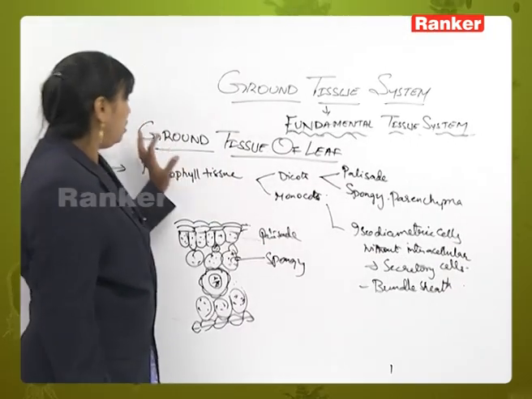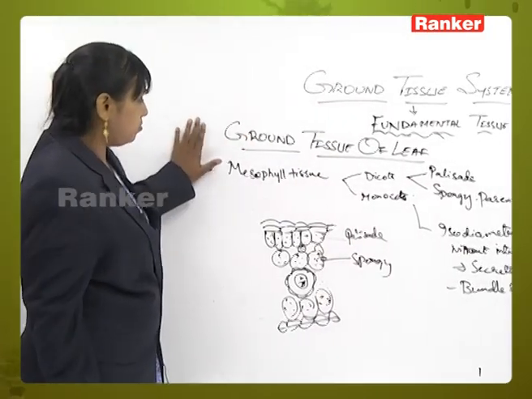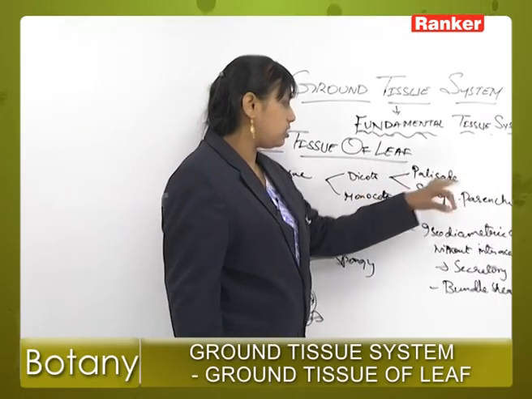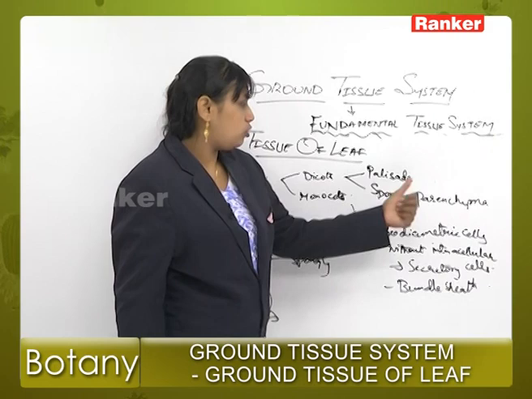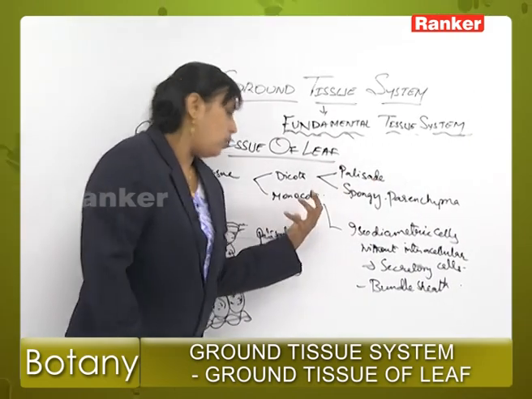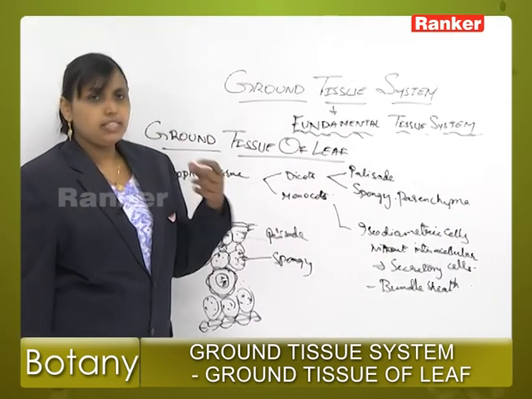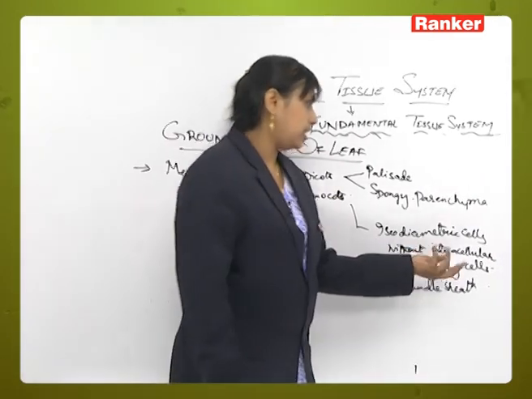This is about the ground tissue of the leaf, called mesophyll tissue, in dicots and monocots. In dicots it is differentiated into palisade and spongy parenchyma, whereas in monocots the cells are isodiametric without intercellular spaces. In some cases you will see secretory cells.